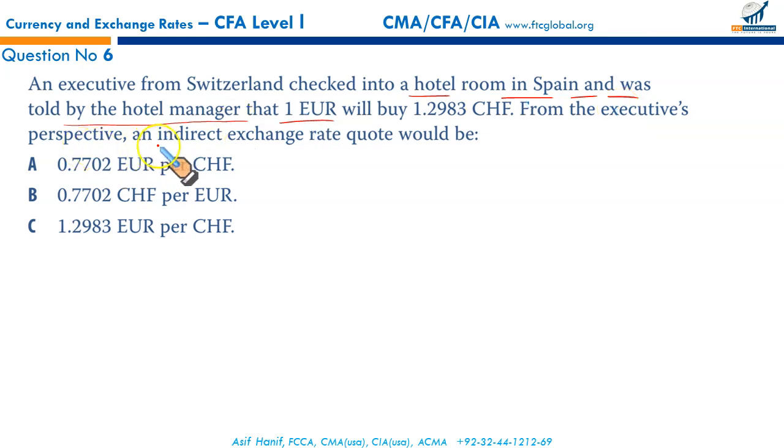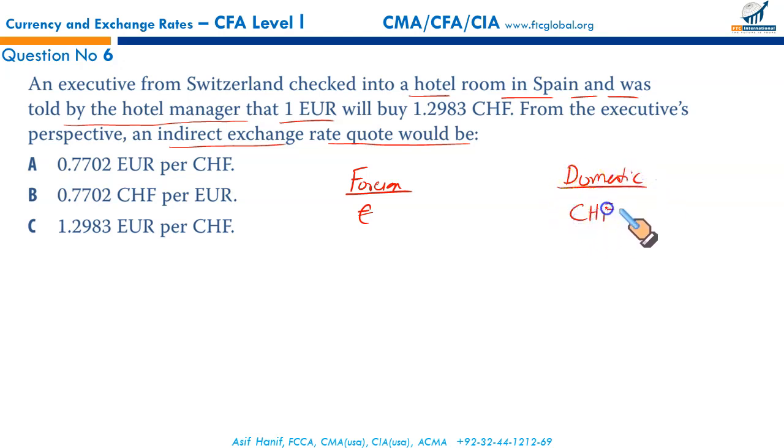From the executive's perspective, an indirect exchange rate quote would be, okay, for him, the foreign currency is euro, and his domestic currency is, of course, Swiss francs. And we have been told that 1 euro is equal to 1.2983. Now, listen to me very carefully.